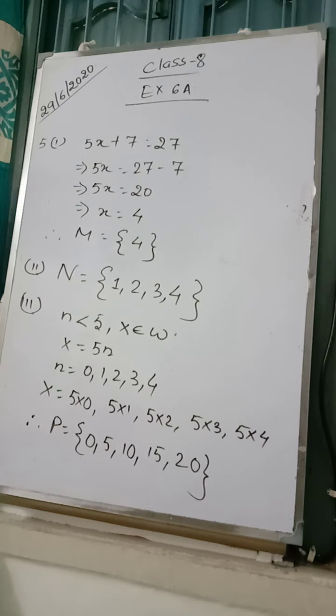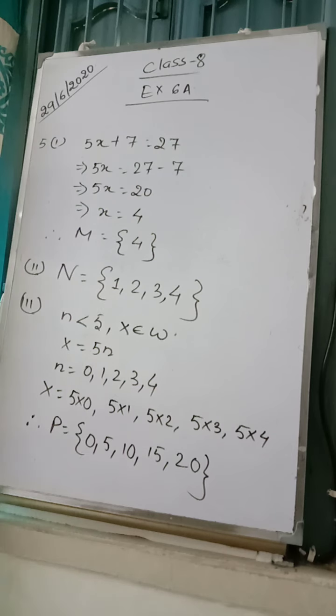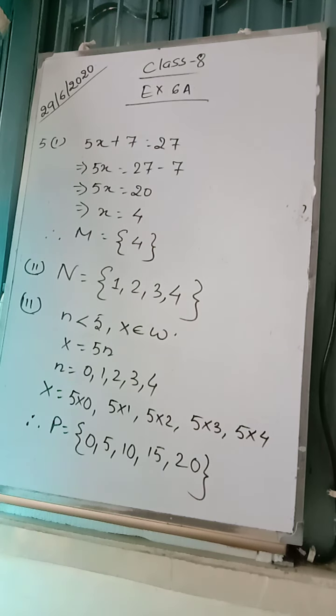Is it? Then we have next one, Q is equal to x. What is x now? x belongs to real number and x is equal to n by n plus 2.